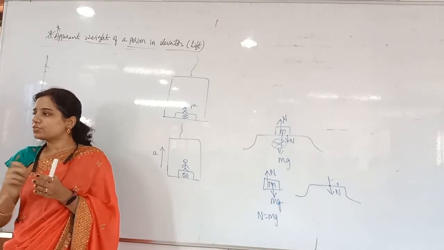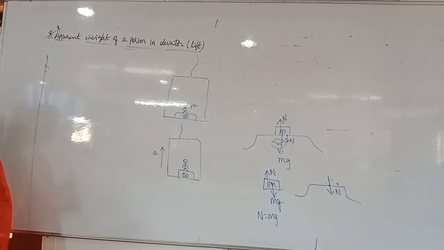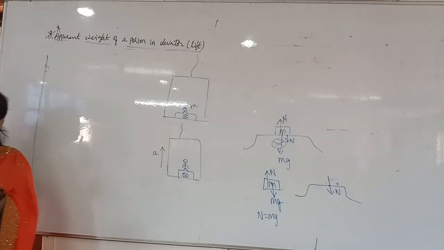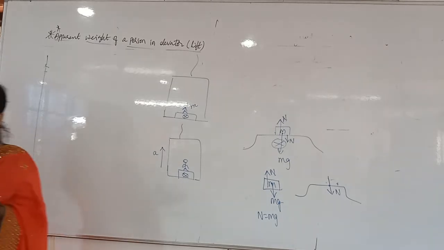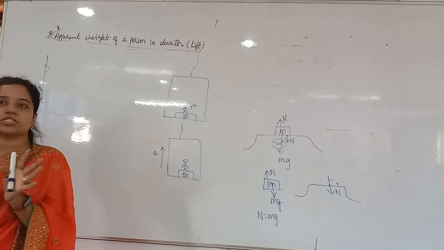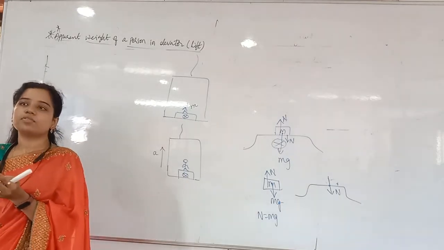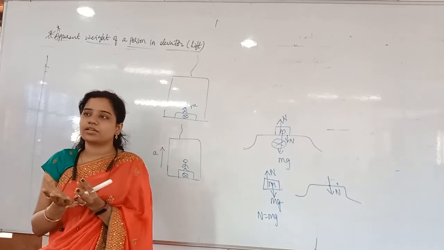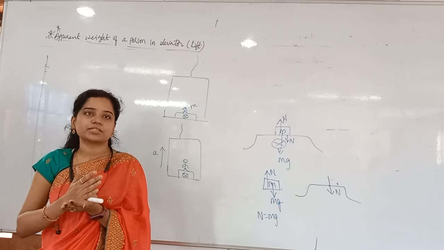Clear everybody? So that is very important. Some of the people take directly mg as the apparent weight. Mg is the real weight. Original weight is the mg. But apparent weight, whatever the machine is feeling, that is only your apparent weight. Your weight mg is fixed everywhere. Whenever the lift is going in downward direction, the machine is feeling less weight, nothing but less contact, nothing but less normal reaction.